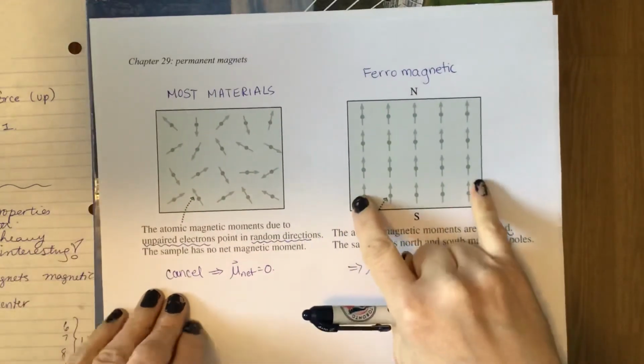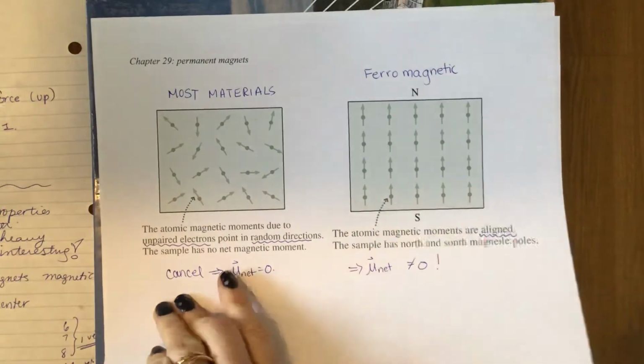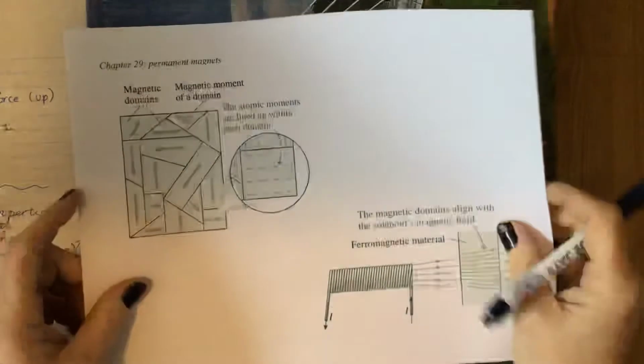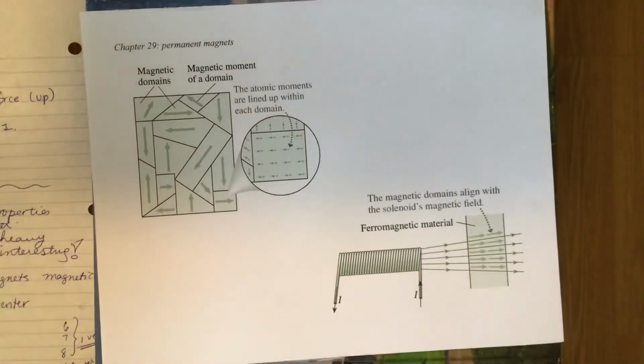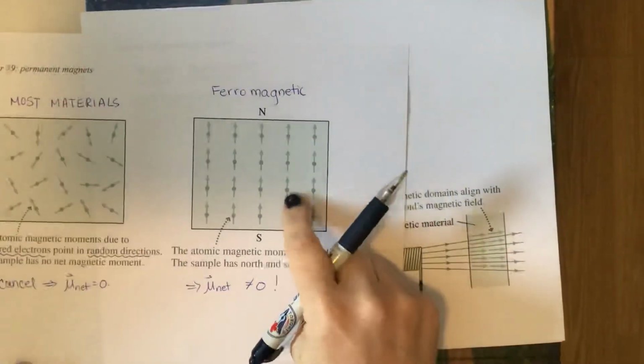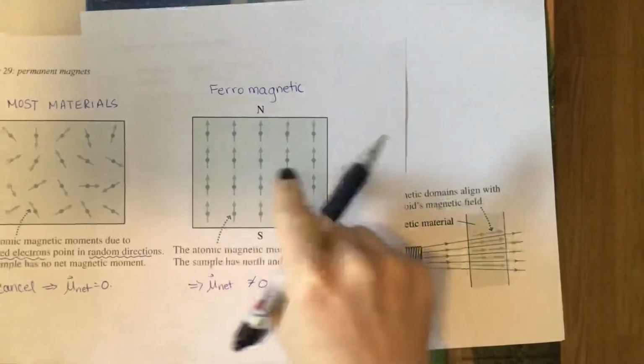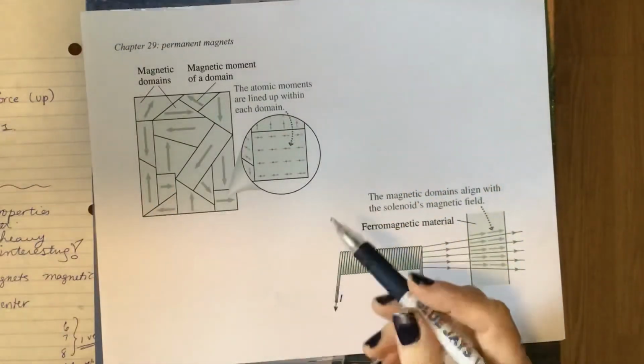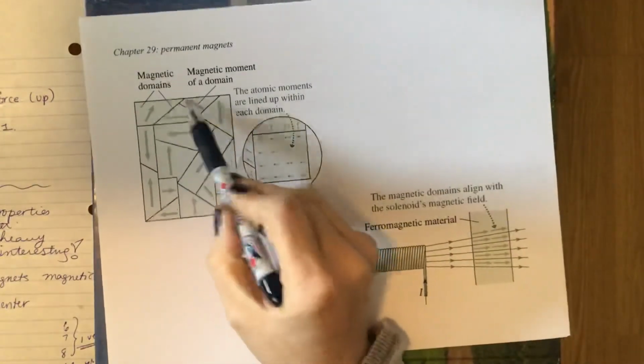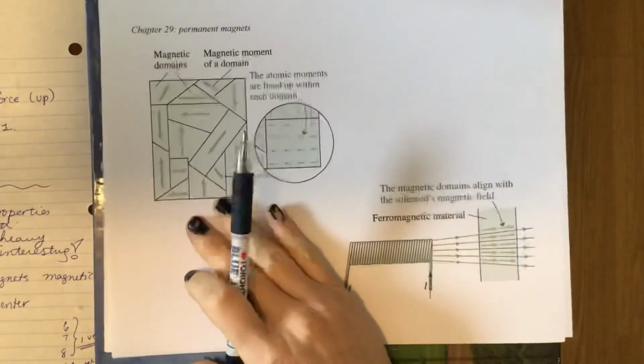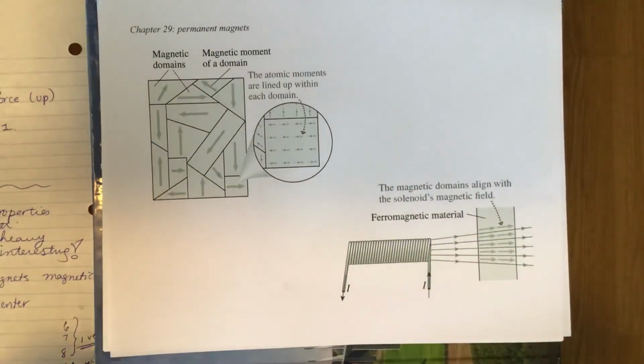Let's just discuss this a tiny bit more. Most magnetic materials, so we'll stick with ferromagnetism for right now, aren't perfectly aligned like this. Most of them just have little bits that are aligned like this. So most magnetic materials have areas where things are all lined up, and those little areas are called domains. So each domain has a magnetic moment.